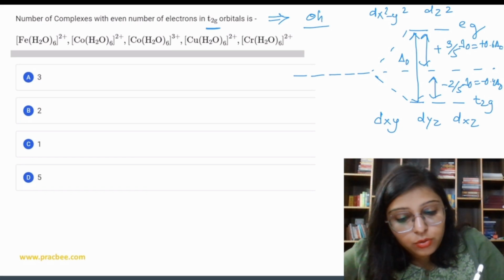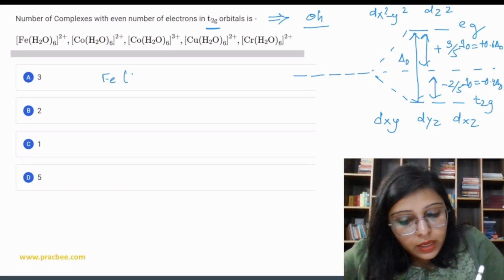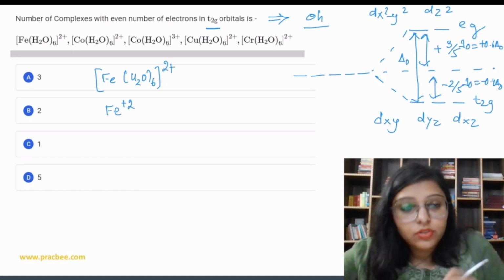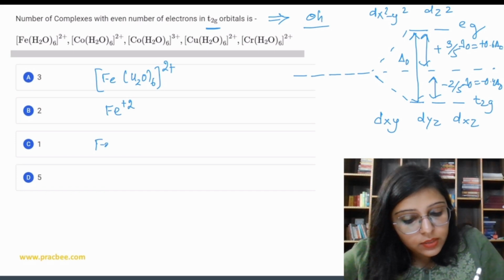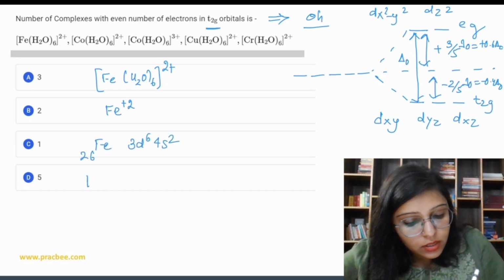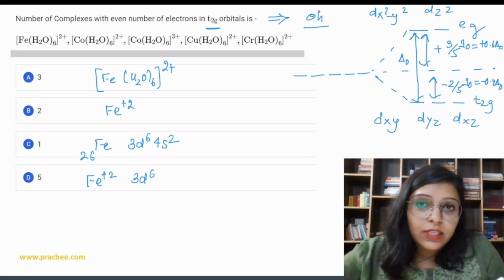So first, how to do this? We have [Fe(H2O)6]2+. Here Fe is in the +2 oxidation state. Fe is 3d6 4s2 because the atomic number is 26. So Fe2+ is 3d6. Now we have to fill the electrons.